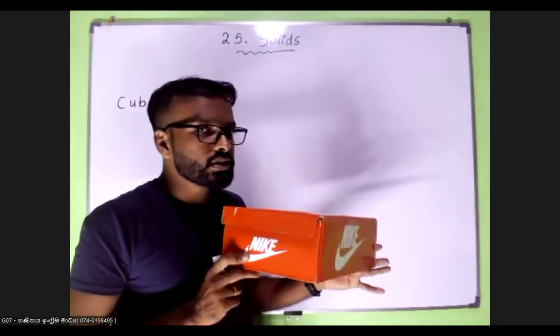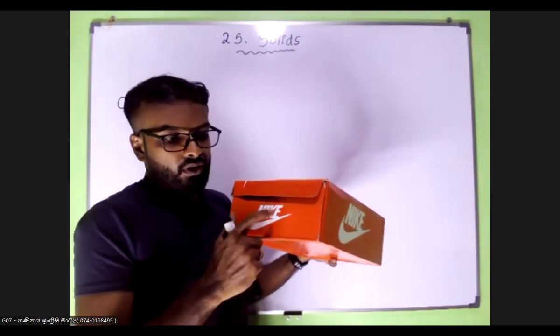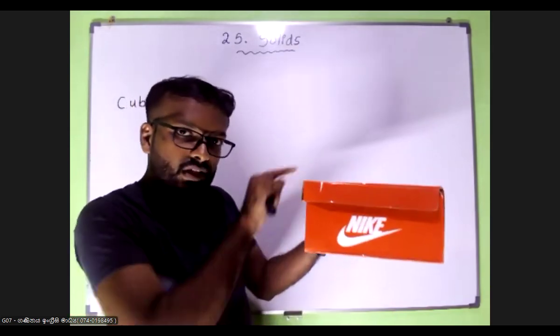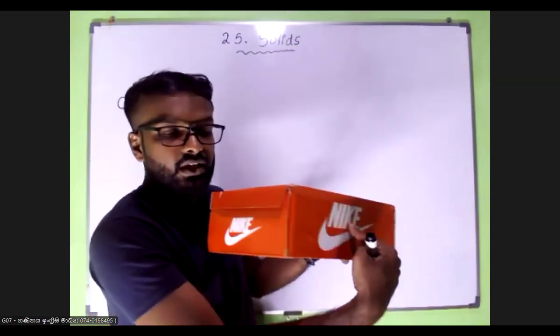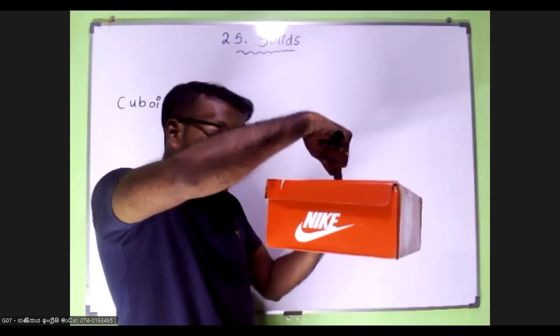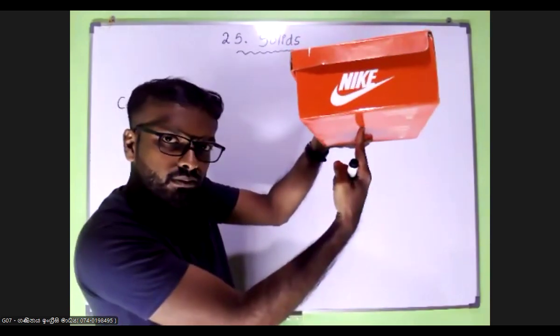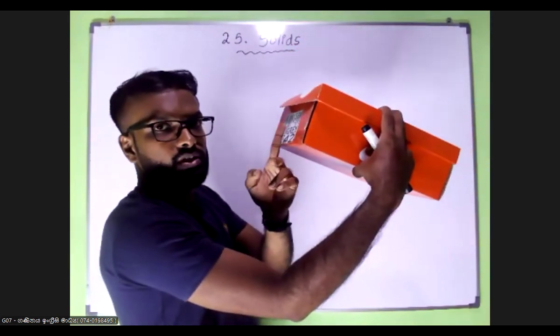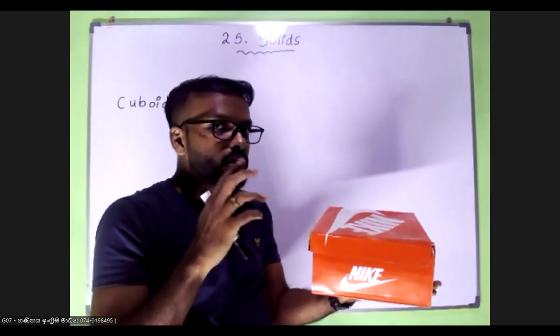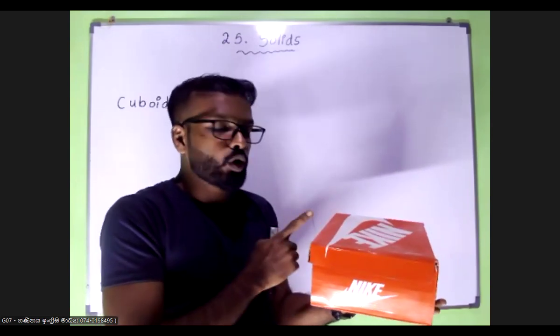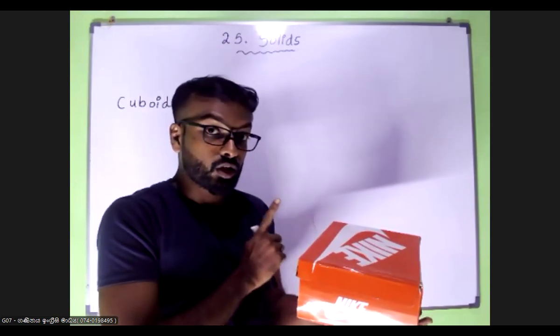This is the shape of a cuboid. 6 surfaces are there. This is a side surface, and this is another side surface. This is the top surface, and this is the bottom. And this is also a side surface. So altogether, we have 6 faces for a cuboid.